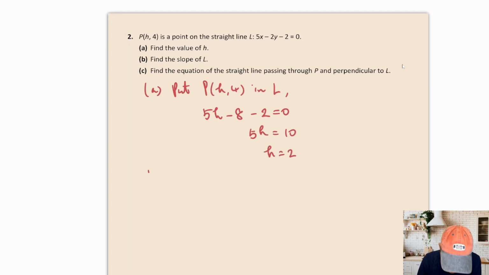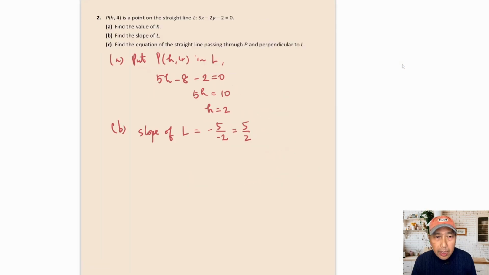In part B, the slope of L is equal to negative a over b, so negative 5 over negative 2, so 5 over 2. Part C: find the equation of the straight line passing through P and perpendicular to L. To better understand the question, perhaps we draw a diagram.